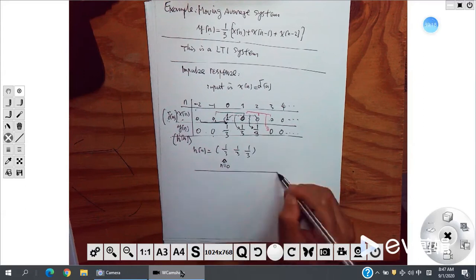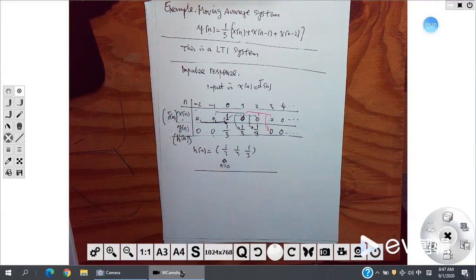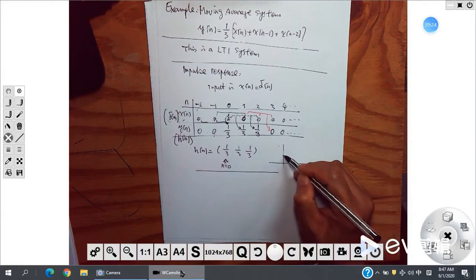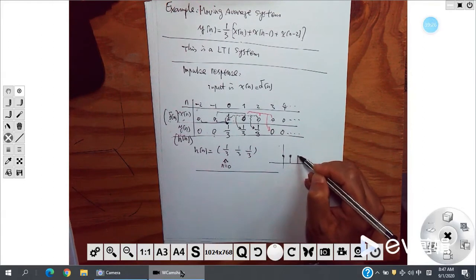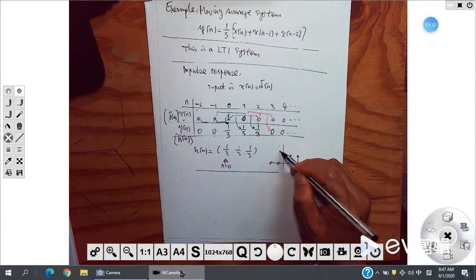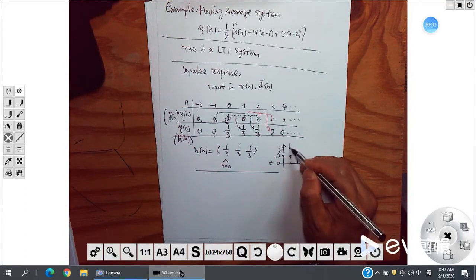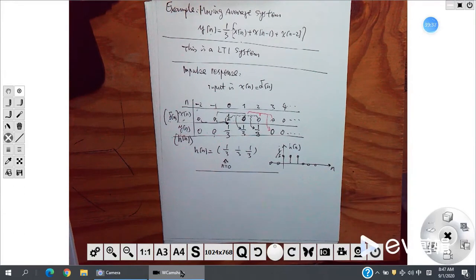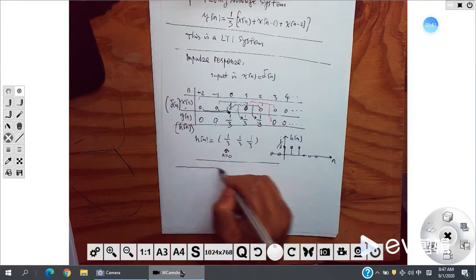If you want to draw a graph, it will look like 1/3, 1/3, and 1/3. All the rest are zeros. This is h of n, this is n. Alright, the impulse response.